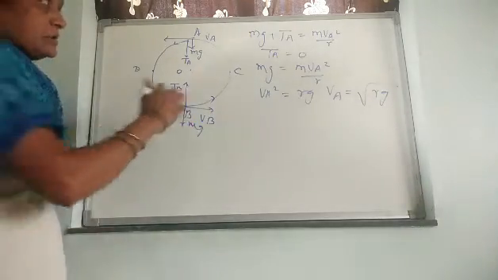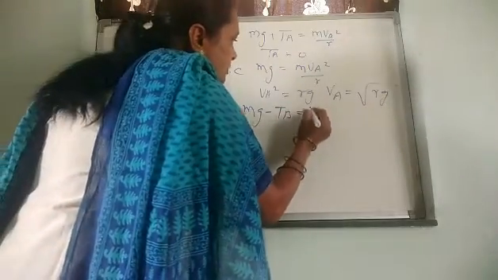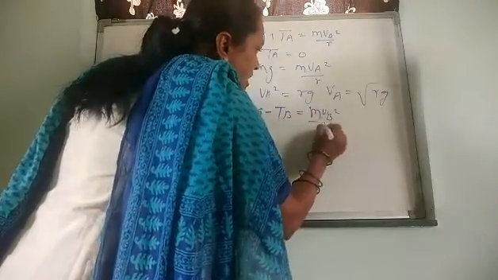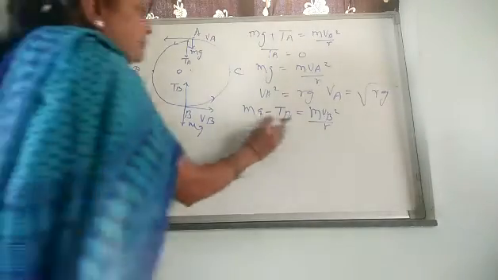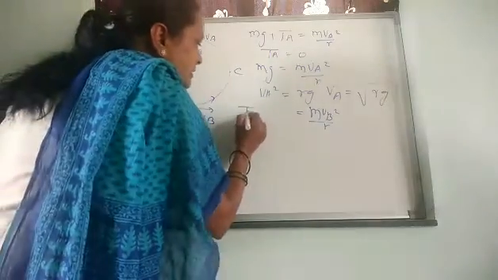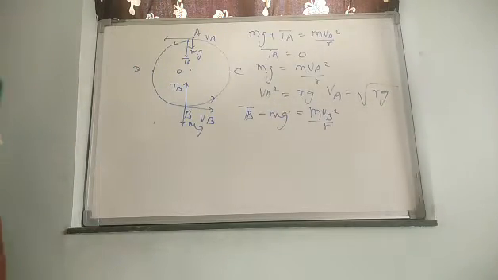With the help of this diagram, we can write Tb minus mg is equal to m vb square upon r, where vb is the speed at point B. Remember these two equations, equation number 1 and equation number 2. From these two equations we want to find Tb minus Ta.